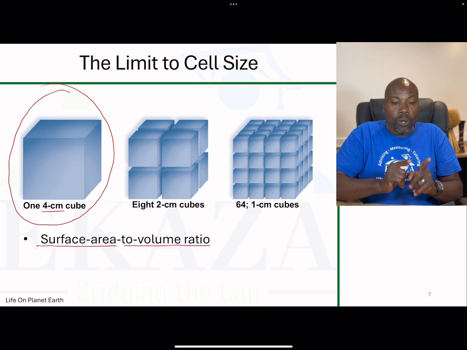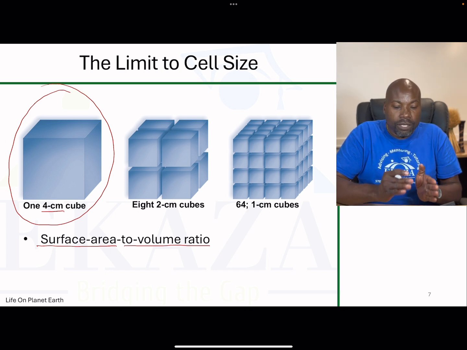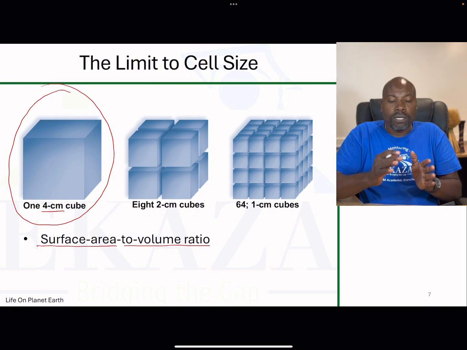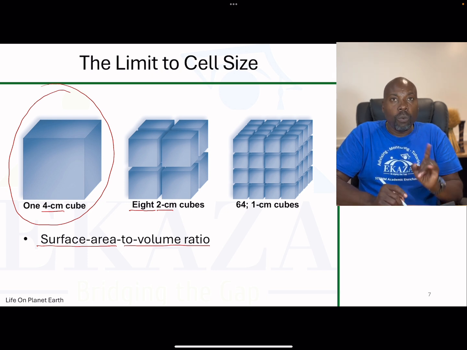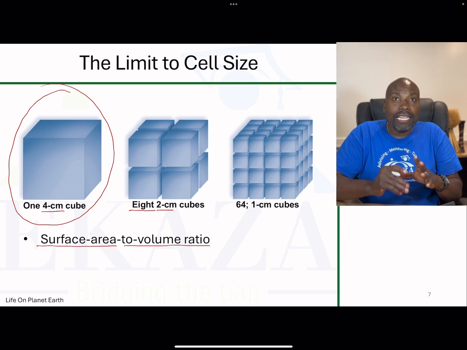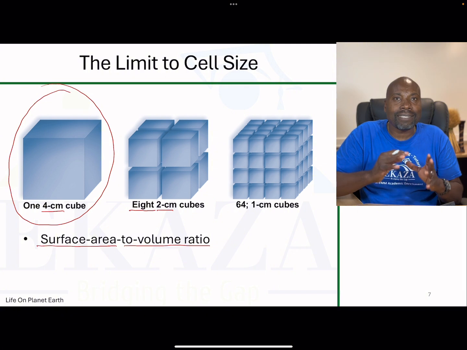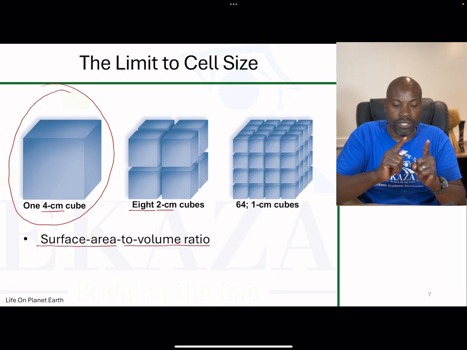However, when we split that one single cube into small cubes, so 8 cubes of 2 centimeters, what happens is that while the volume remains exactly the same, the surface changes.